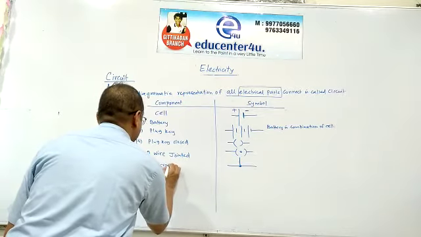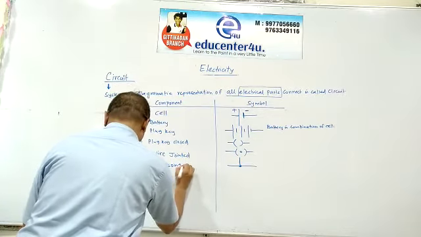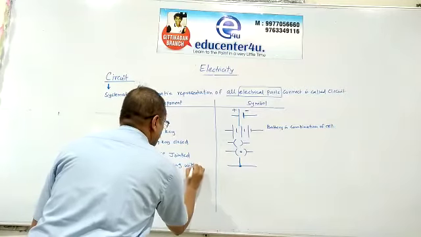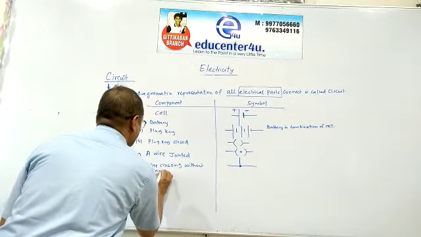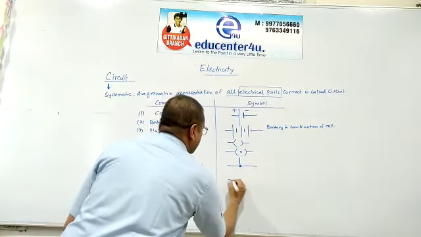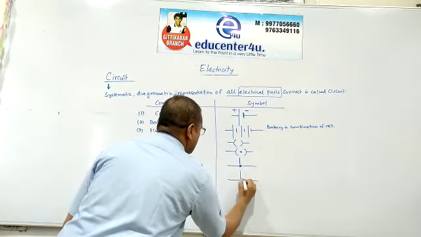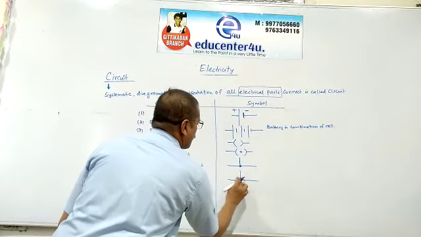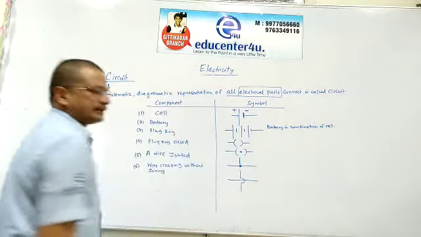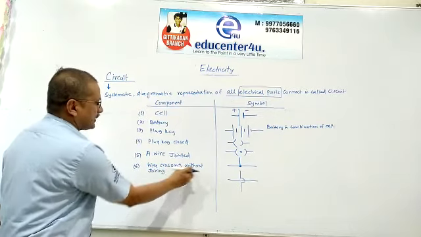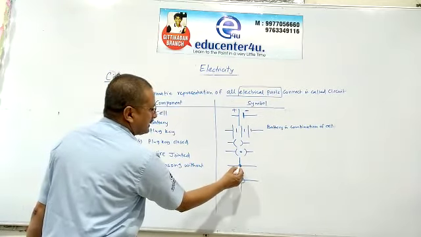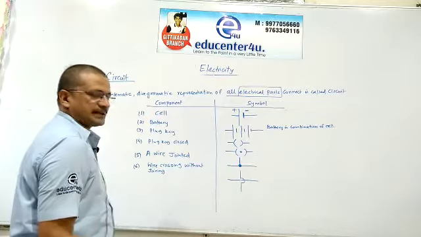Wire crossing without joining. How will we depict it? We will depict just like crossing over two wires. That shows that the wire is crossing without joining. If you are joining, then you have to show just like this only.